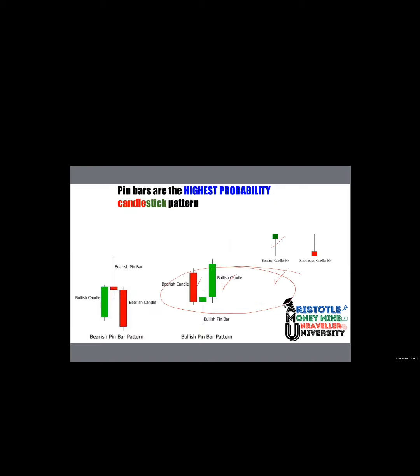So here we have what is called a pin bar. Now, why is it called a pin bar and not a hammer? The reason you will see pin bar being used frequently is because in order to qualify as a hammer or a shooting star, the stock has to close at the high. So very rarely will stocks close at the high right here or close at the low.